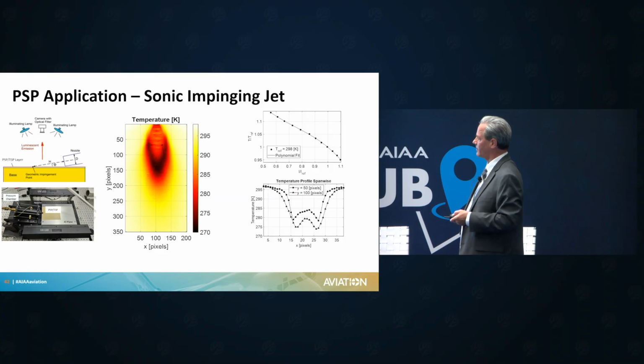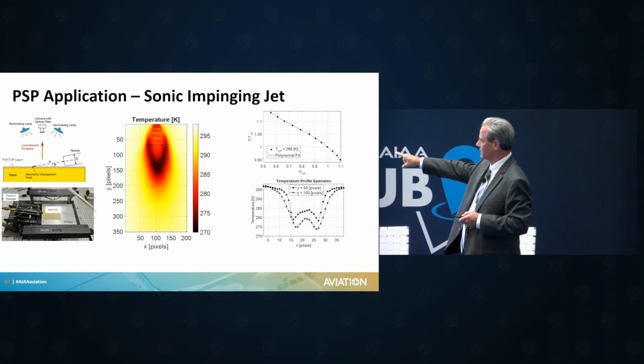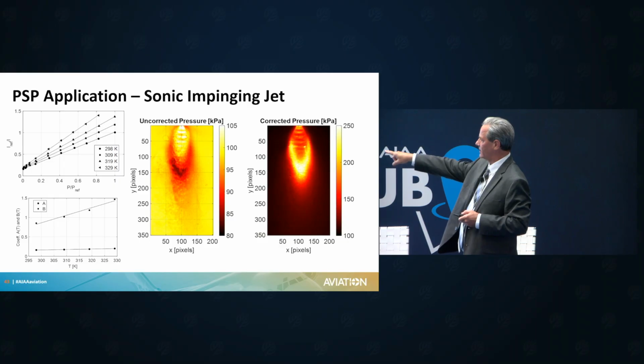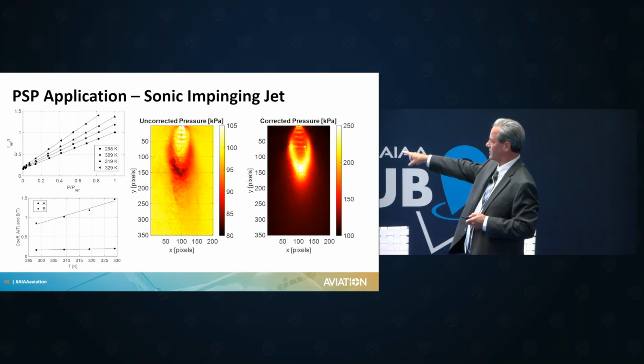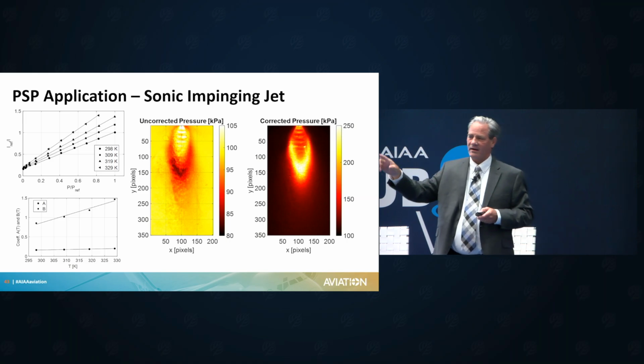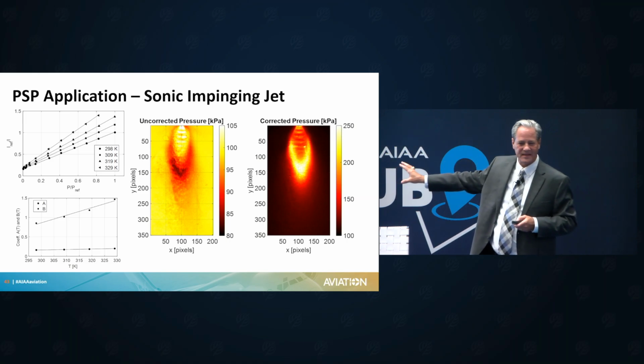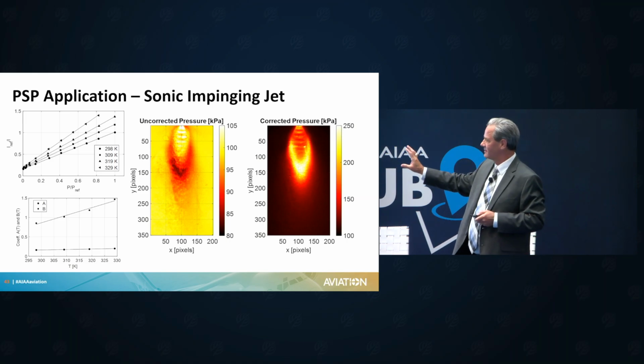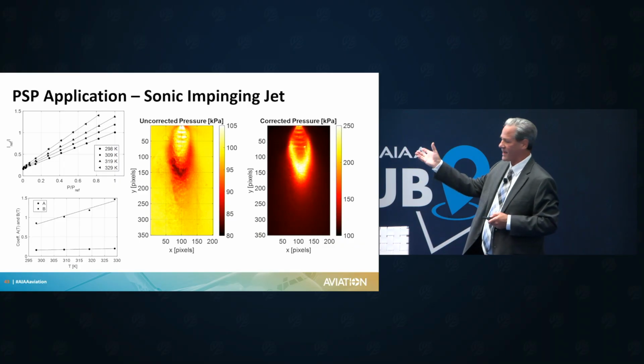On the next slide, you'll be able to see the temperature profile of the cooling effect based on that setup, and the uncorrected pressure versus the corrected pressure. Again, David over there, he's the expert on TSP and PSP, but he'll be able to walk you through that correction evolution.